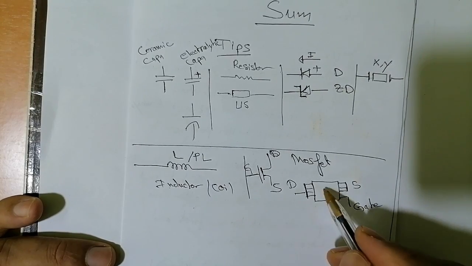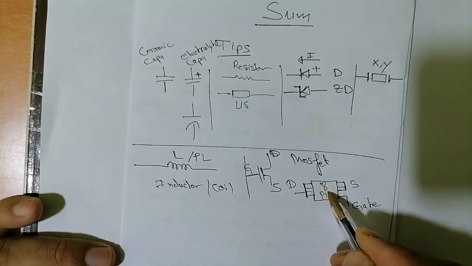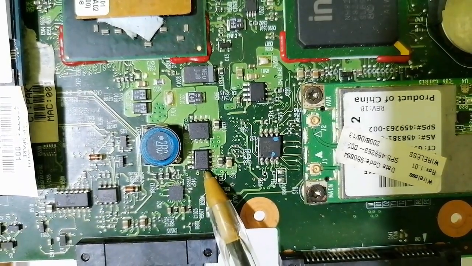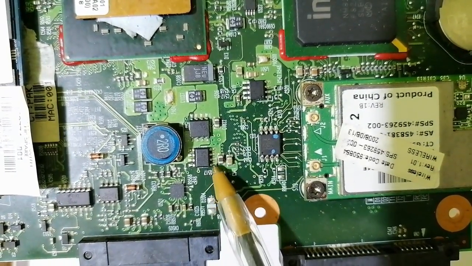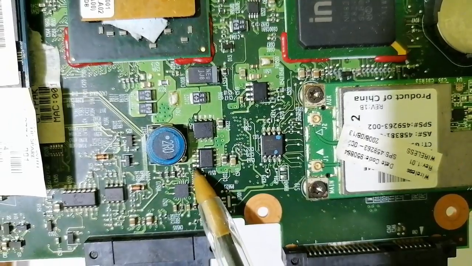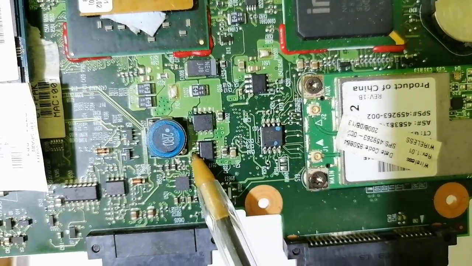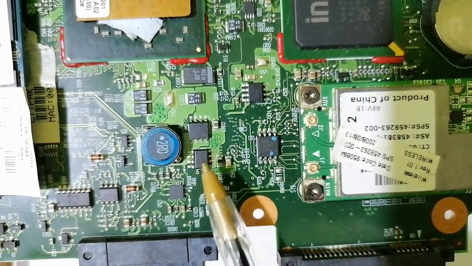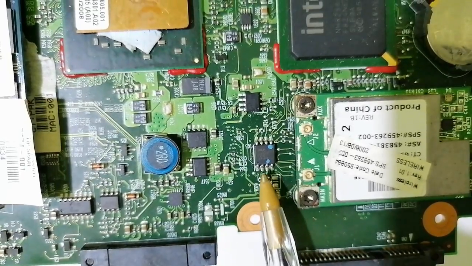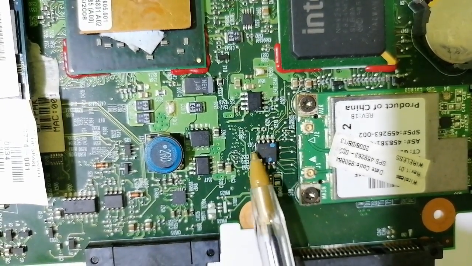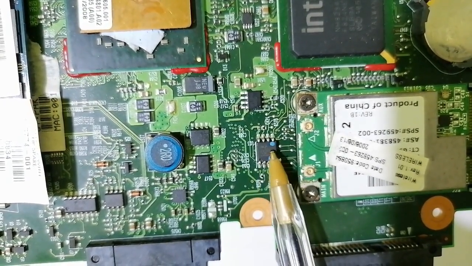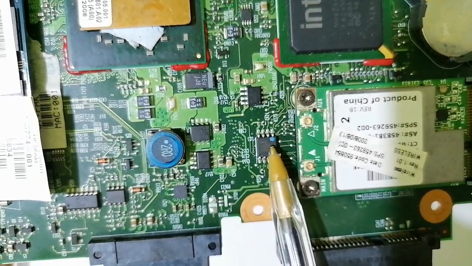So this is an 8-pin MOSFET, like this one, for example. Do you see 4 pins connected together? Here we have the gate alone and 3 pins connected together. This is an 8-pin MOSFET. This is not a MOSFET, this is the BIOS, a big IC with paint above it.